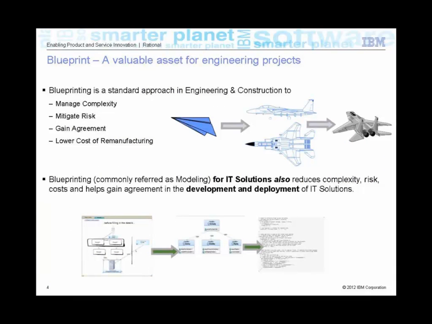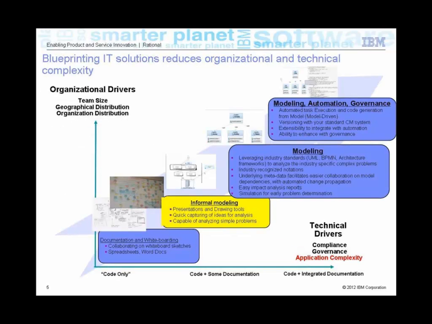Blueprinting in general, and this was an excerpt from a topic I did with the RSA product manager last year on blueprinting for success, is a standardized approach for engineering and construction realms, and we're taking that same approach with software in today's discussion. It helps us reduce complexity, risk, and cost, and get agreement on the solutions we're building, just like a blueprint would if you're building a house.